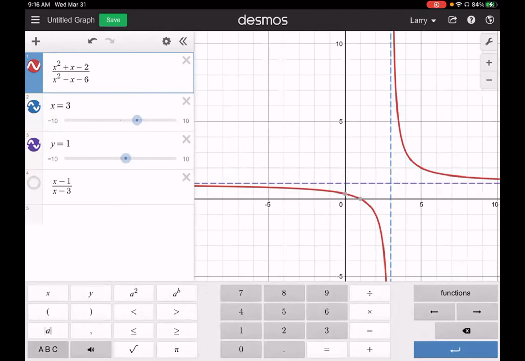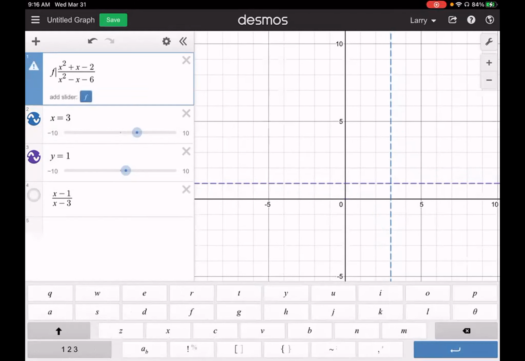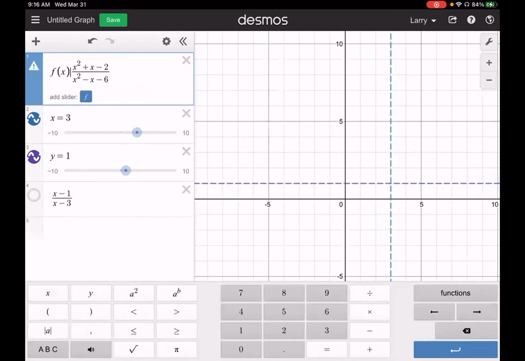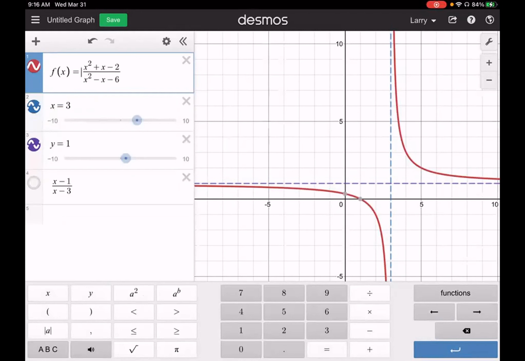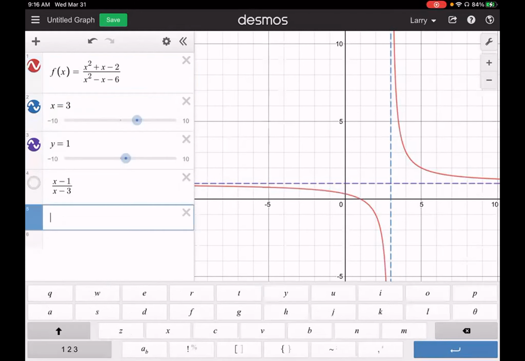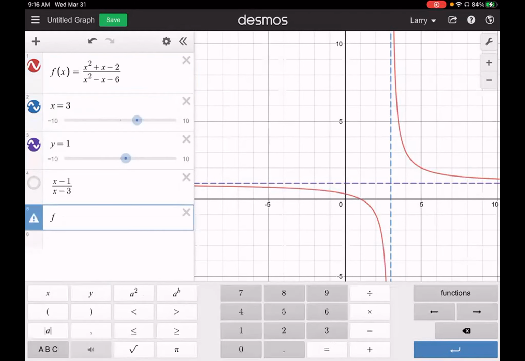If I call this function f of x equals this, and I said f of -2, we get that's undefined.